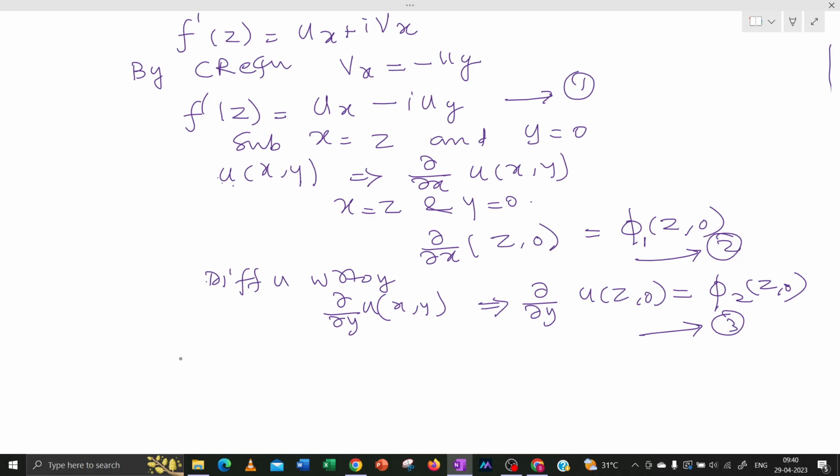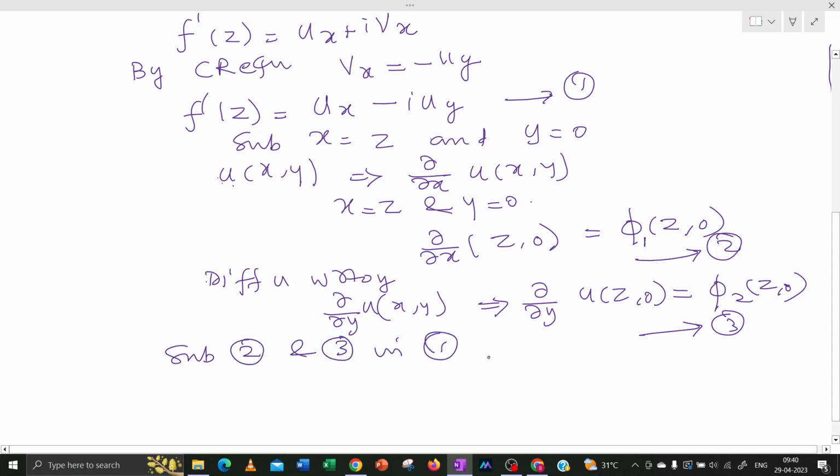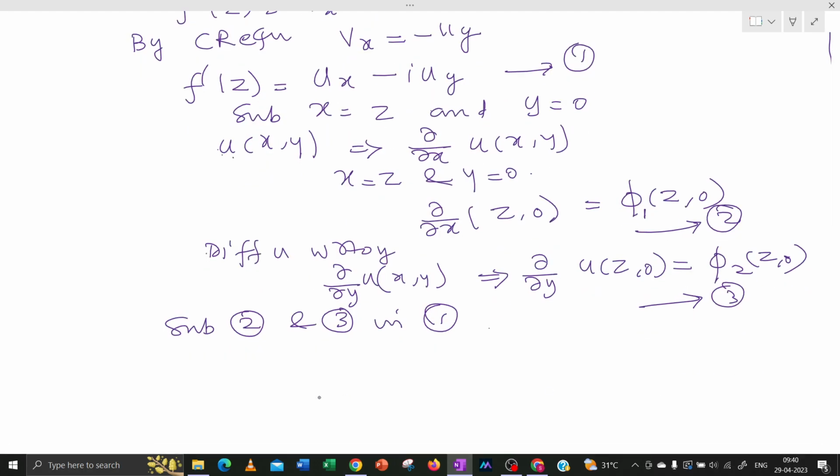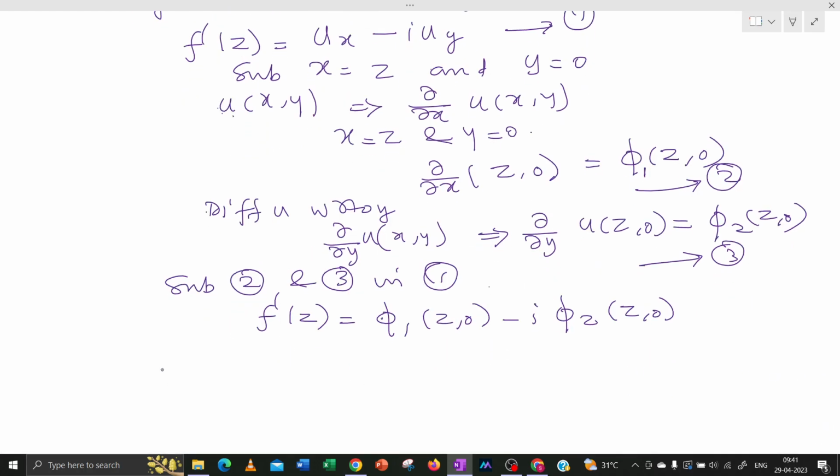So substituting 2 and 3 in 1, what do you get? If you substitute 2 and 3 in 1, you will get f dash of z equal to phi 1 of z comma 0 minus i into phi 2 of z comma 0. So f dash of z is there, then we have to find f of z.